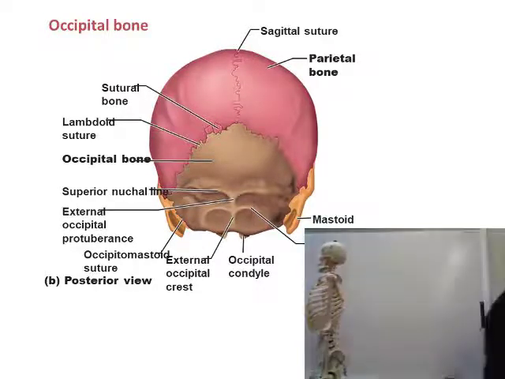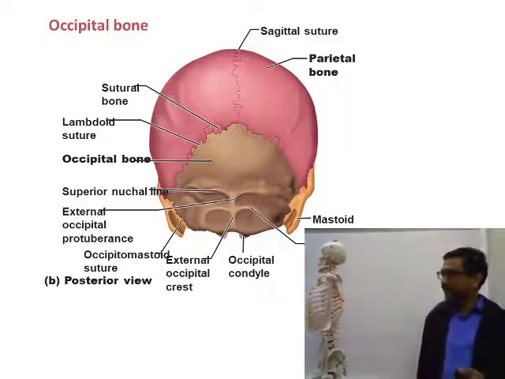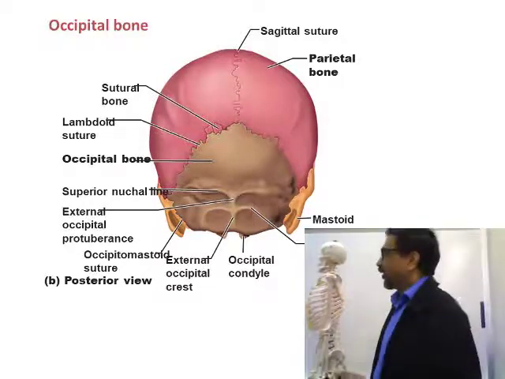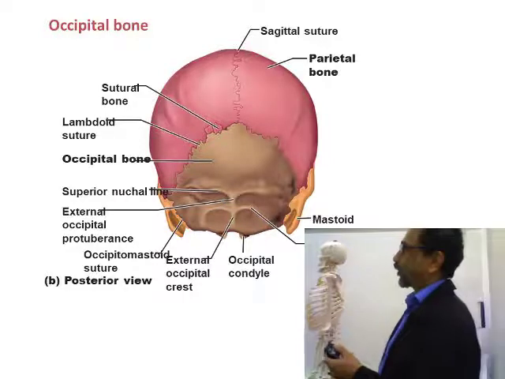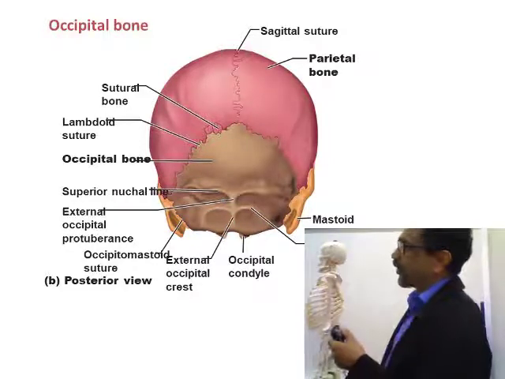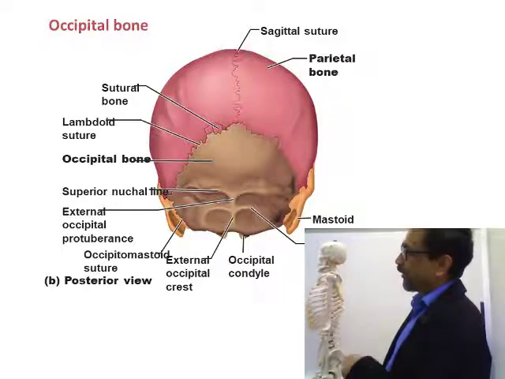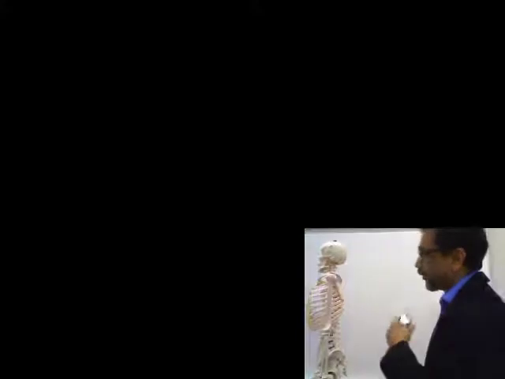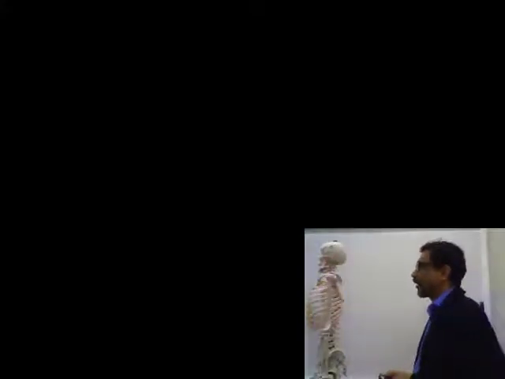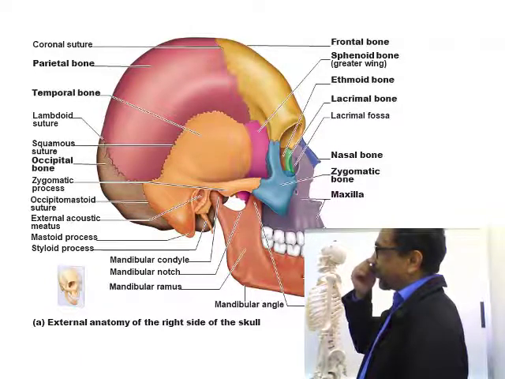Here in this picture, you see the side of the skull. So you can see some bones better here. You see the coronal suture connects the frontal and parietal. You see the squamous suture, parietal above and temporal below. You see the lambdoid suture, parietal in the front and occipital in the back, right? As I mentioned, there are small sutures too.